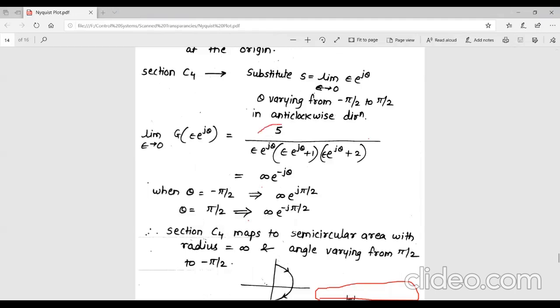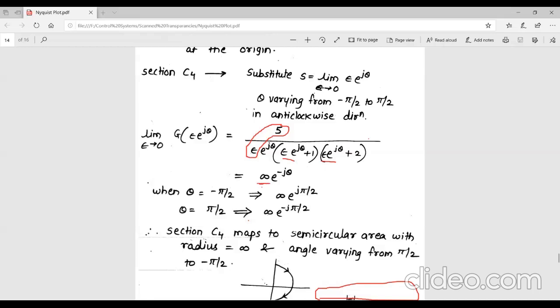Again, the 5 upon epsilon, after taking these two common, again we get epsilon raised to 3, right? So that step is skipped on the slide, but you can very well understand. So this 5 upon epsilon comes out to be infinity, okay? Because epsilon is as good as 0.